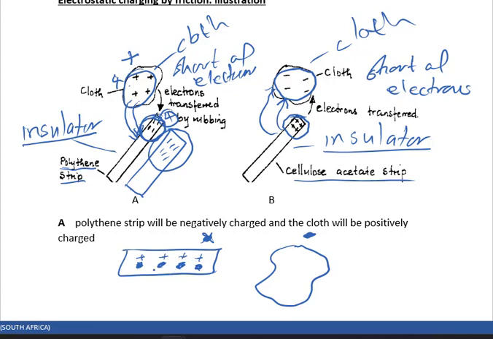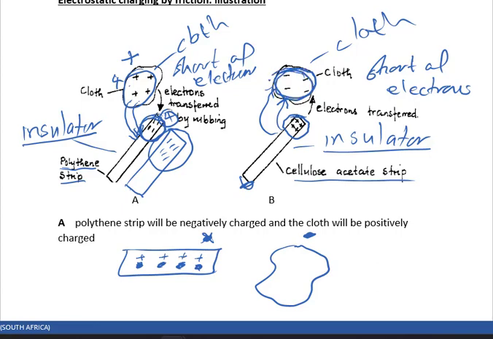It means 4 electrons were taken away. This acetate strip lost 4 electrons to the cloth.